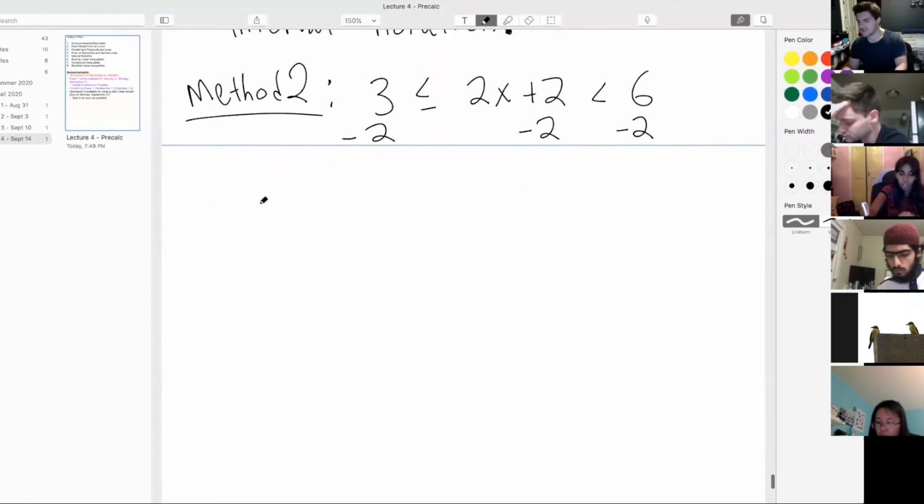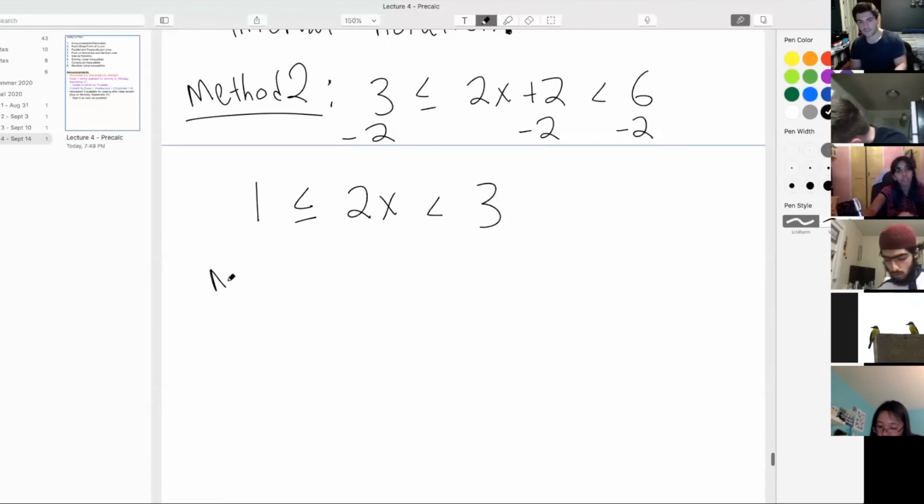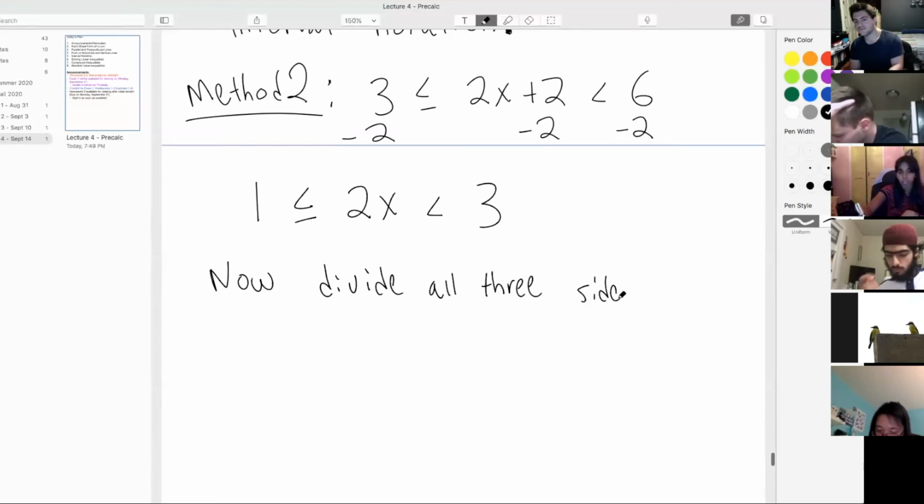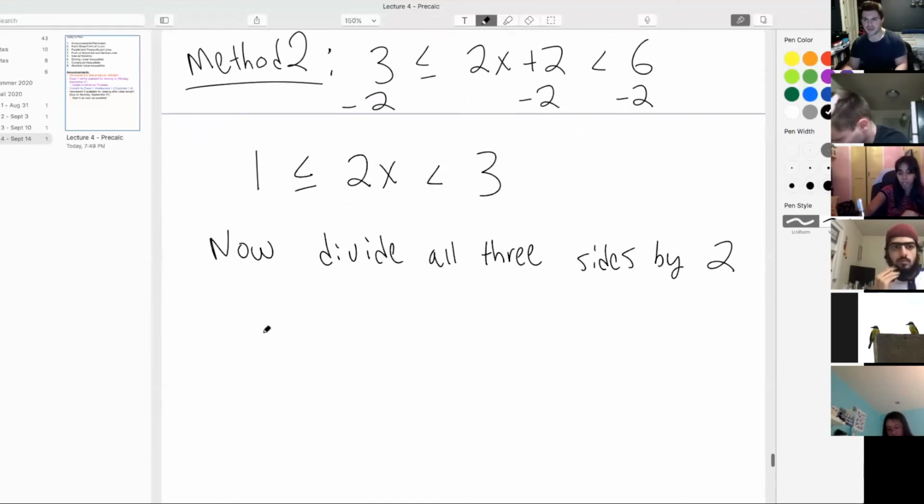All right, so the left side is just 1, the middle is 2x, and the right side is 3. Okay, and now to isolate x, I need to divide all 3 sides by 2. All right, so I kind of like this method a little better because I feel like it's shorter.